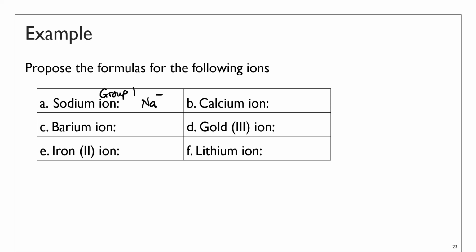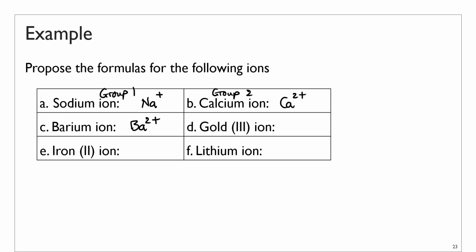So the formula of the ion will be Na+ because it has lost 1 electron. Calcium is in group 2, so calcium has 2 valence electrons. In order to get a full shell, the atom is going to lose those 2 electrons, so it becomes 2+. Barium is also in group 2, so it also loses 2 electrons and becomes 2+.